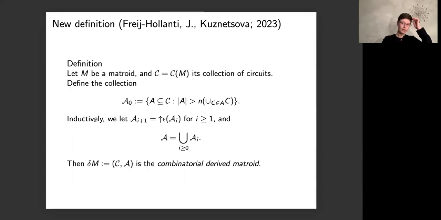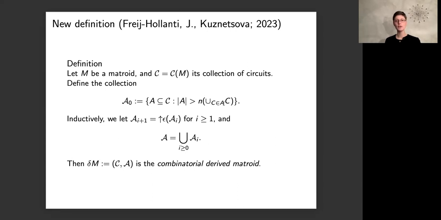Here is the formal definition. So I take a matroid and I take its collection of circuits. And now I'm going to define a collection curly A naught, which is all these necessarily dependent sets. So that's all the sets that satisfy this nullity condition.